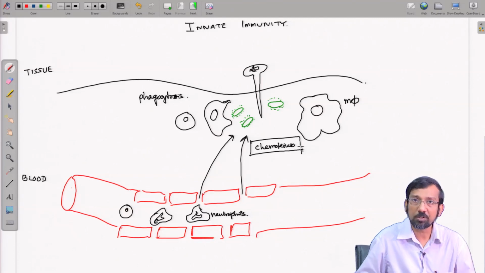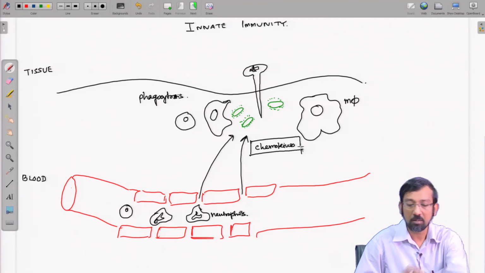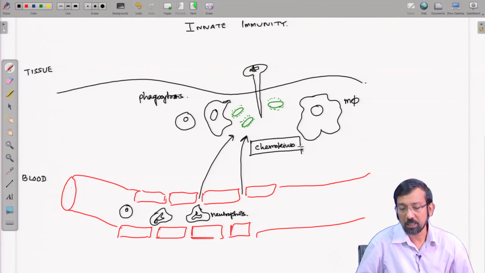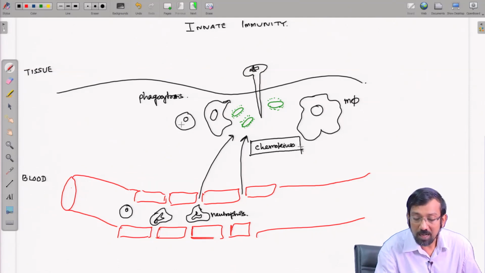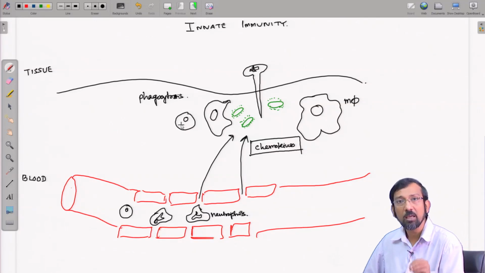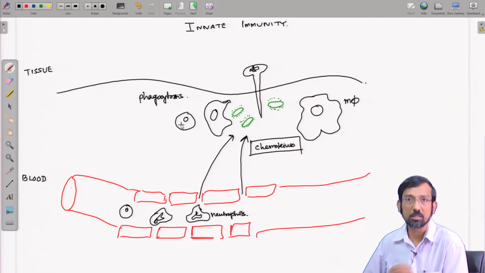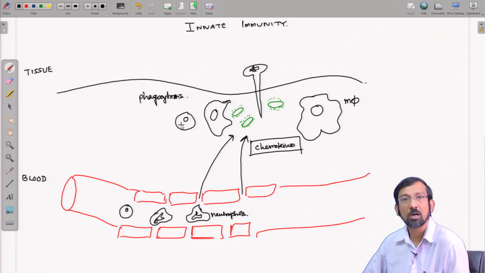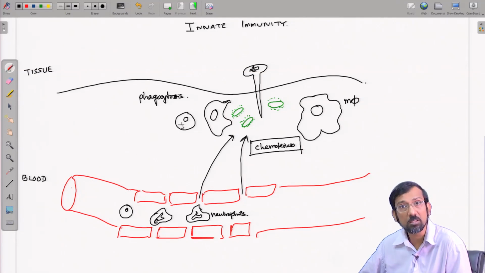And then there is a lot of signaling going on in this region. We are not discussing them in detail right now. For example, what do the mast cells do? The mast cells contain granules inside them, and these granules are full of histamines.